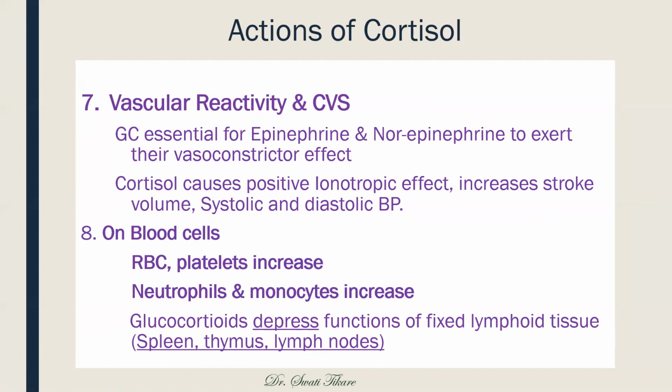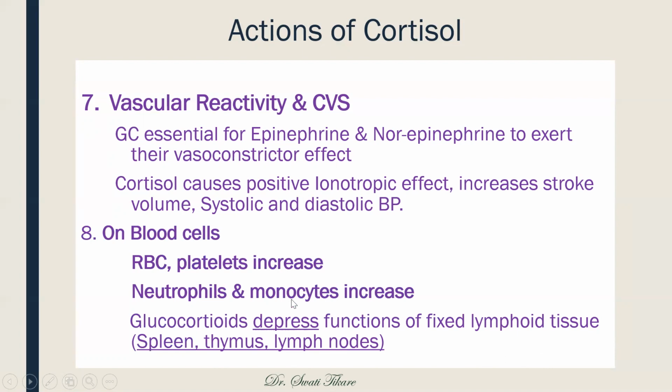But if we start acting on our own cells, then we get some autoimmune disorders. So in autoimmune disorders, cortisol has a good role to play, where we can use cortisol to reduce this. Okay, because cortisols have a depressing function on these fixed lymphoid tissues.